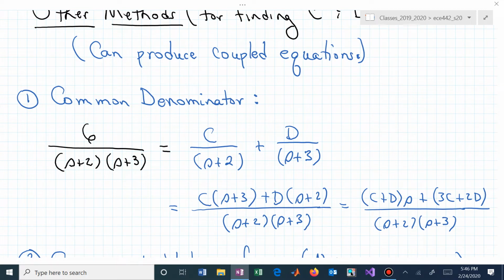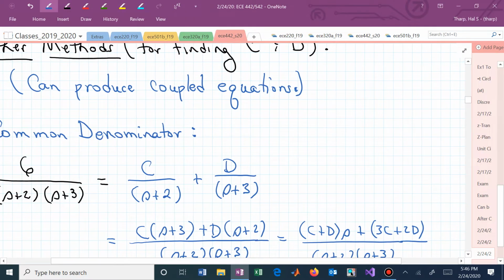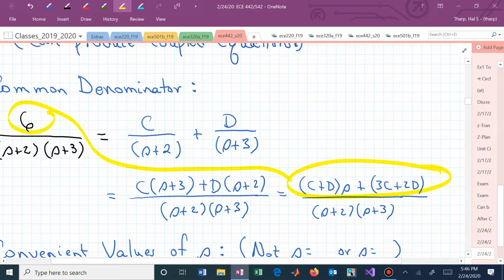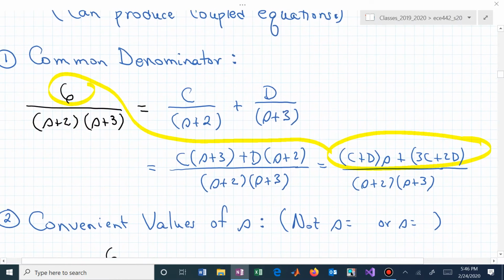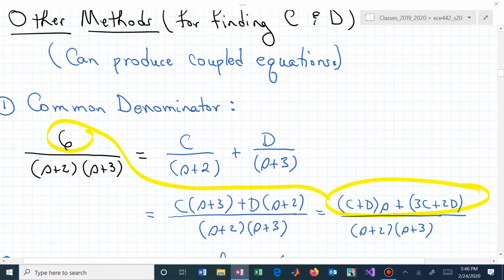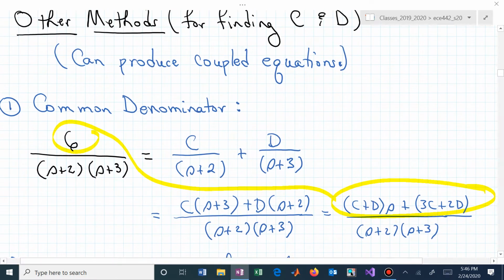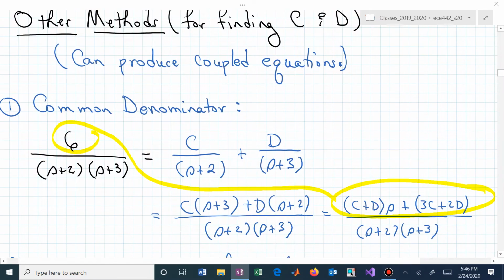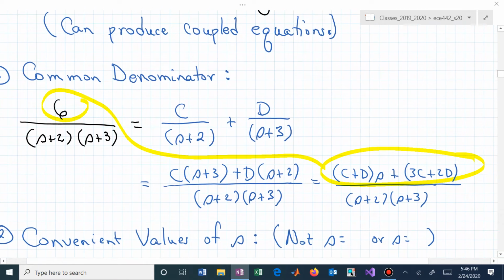We can now equate coefficients in the numerator. We can equate this with that. Which gives us what? Now we can see that there's no s term in the original expression.